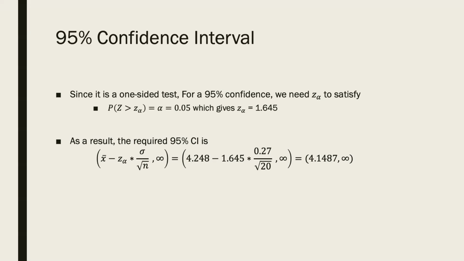And we get a confidence interval of 4.15 cm to infinity. And we can see that 4.12 cm, which is in our null hypothesis, is not inside this interval. So this is also consistent with the conclusion we just made.